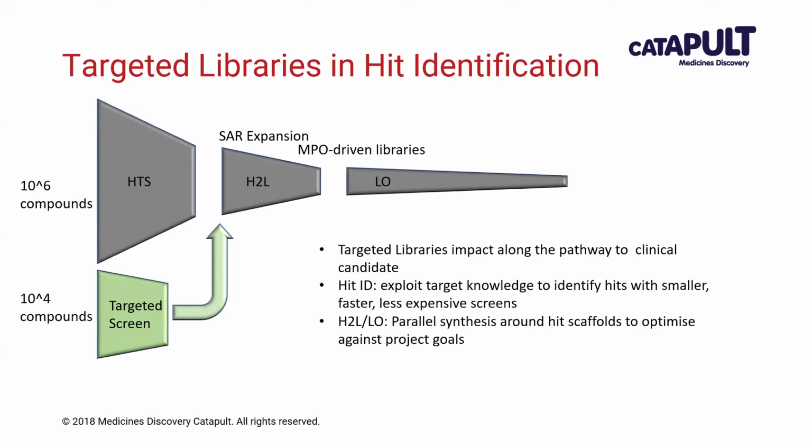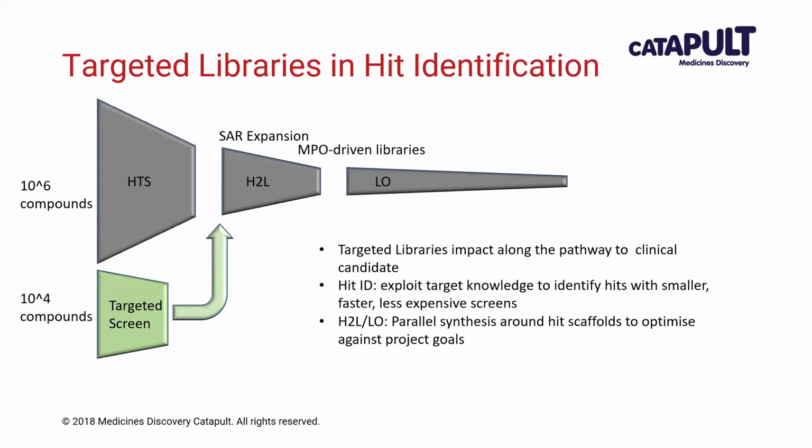So with a targeted screen in hit identification, what you're really doing is trying to replace an HTS. So rather than screening your full deck of typically anywhere from 500,000 to 2 million compounds, you select a subset of that full deck, typically 1,000 to tens of thousands, enriched in the biological activity that you're interested in, compounds enriched with modulatory activity towards your screening target, to enable you to do a smaller, cheaper, faster screen.